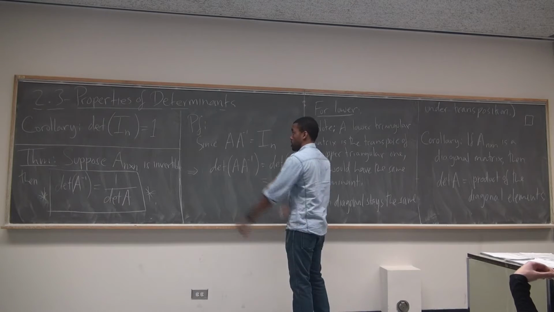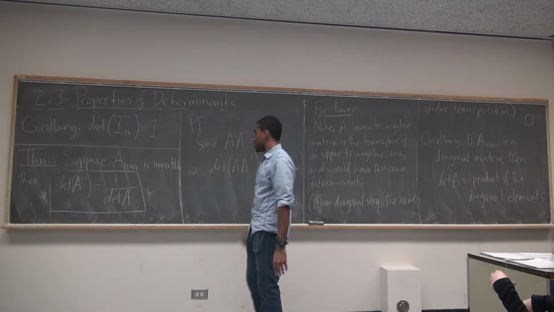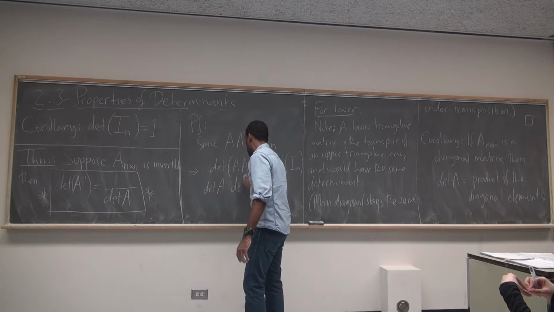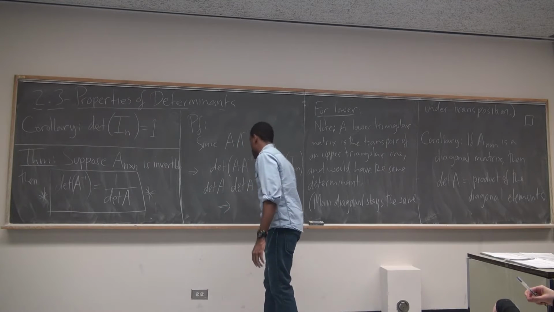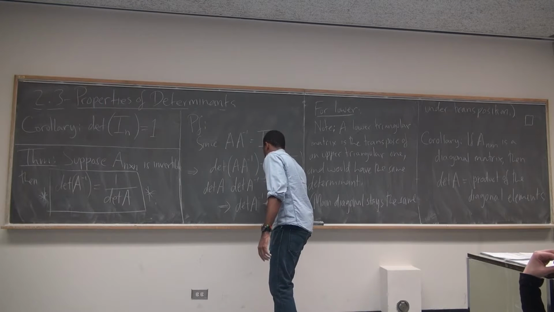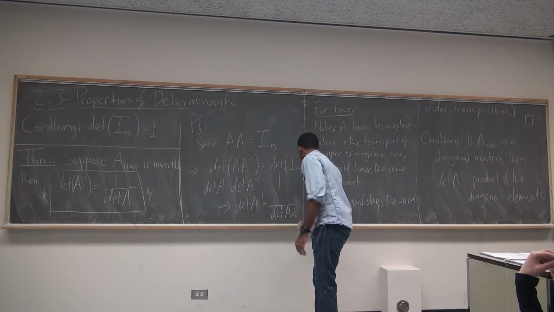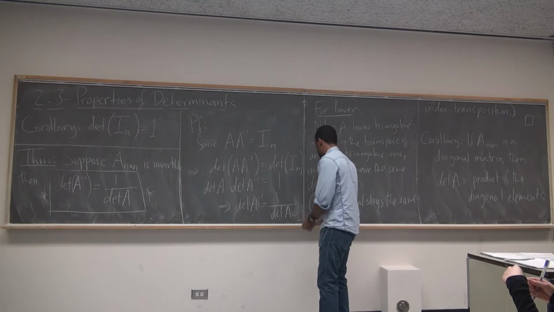As we just mentioned, the determinant of the identity is 1. The determinant of a product of matrices is the product of the determinants. Which means I can divide both sides by the determinant of A to get that the determinant of A inverse is just 1 over the determinant of A.